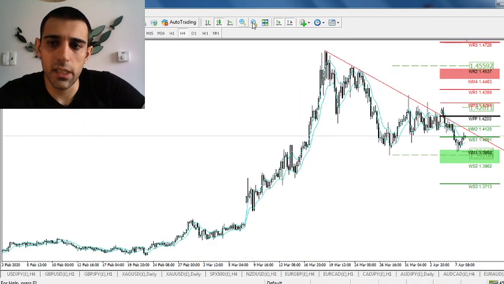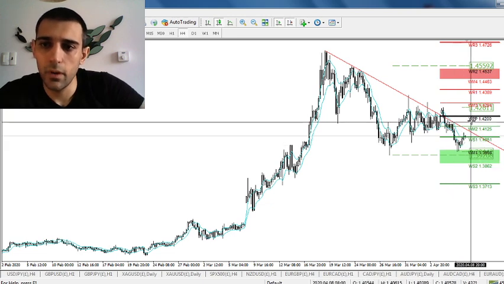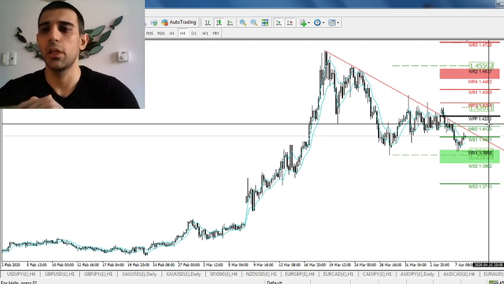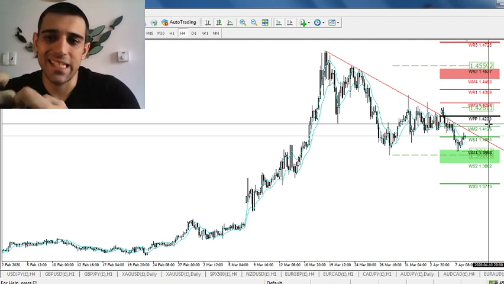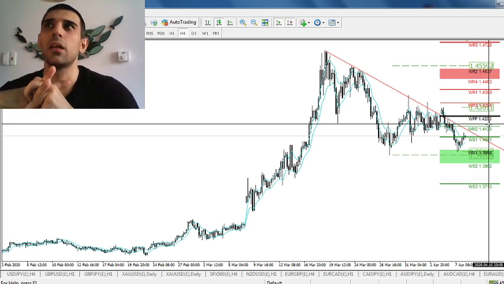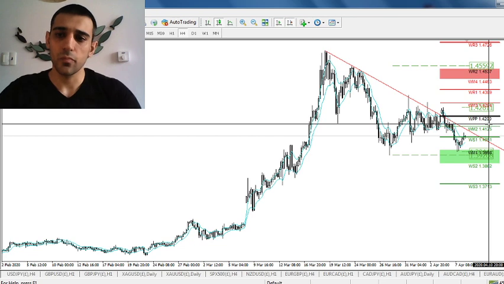I do want to see a break of this trend line, and ideally it will close nicely bullish. But for now I'm not seeing it, and in most of these markets now, it's more of a waiting game for today. That's a good practice of patience.